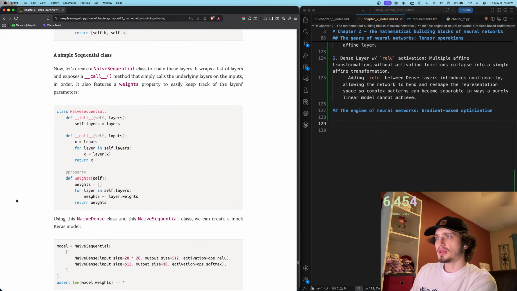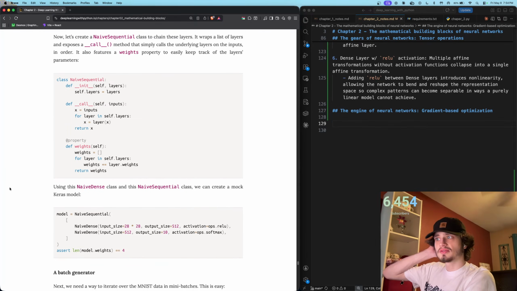When we call this, we have x equal to inputs. For every layer, we call x equals layer of x, and then we return the value given back. We have a property of weights, which is just a list of weights. For layer in self.layers, we add to the list of weights the layer.weights. Just appending a list of lists, right?